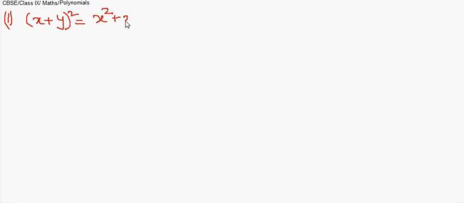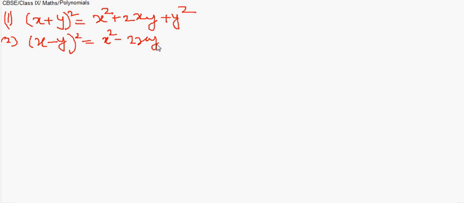I think you must have learned this in year 7. This is x squared plus 2xy plus y squared. The second identity is the same with the minus: (x minus y) whole square, that is x square minus 2xy plus y square.